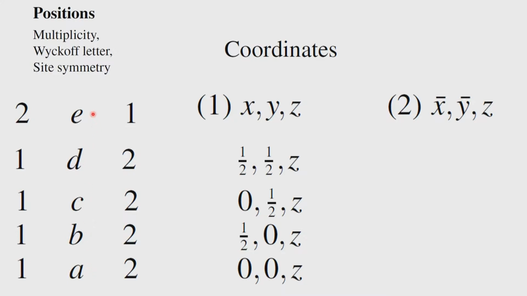What is significant about this Wyckoff notation is that as we go to higher and higher space groups, the possibility of materials crystallizing in higher space groups is restricted to only inorganic materials and materials with larger atoms.